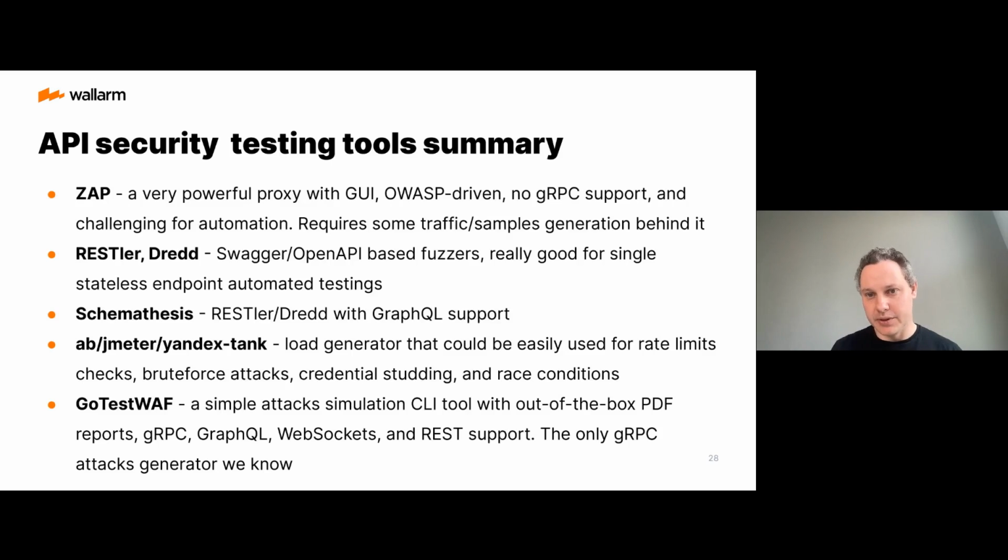Some of them are dynamic testing. By the way, Wallarm has its own tool called Framework for Application Security Testing. You can incorporate it into your CI/CD pipeline and run security checks to find vulnerabilities before the code actually goes to production.